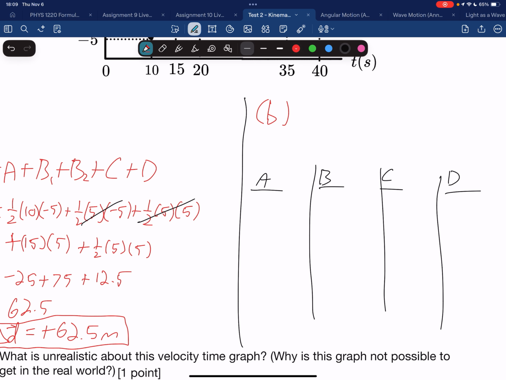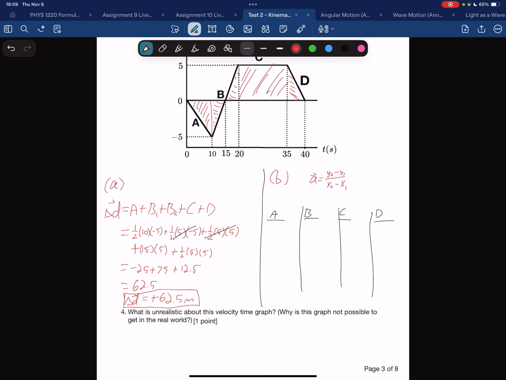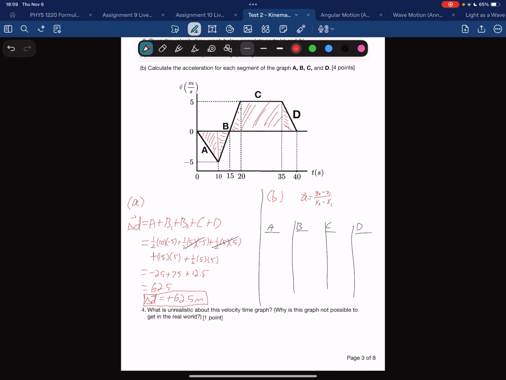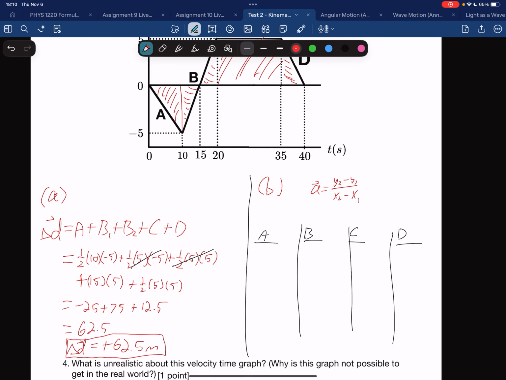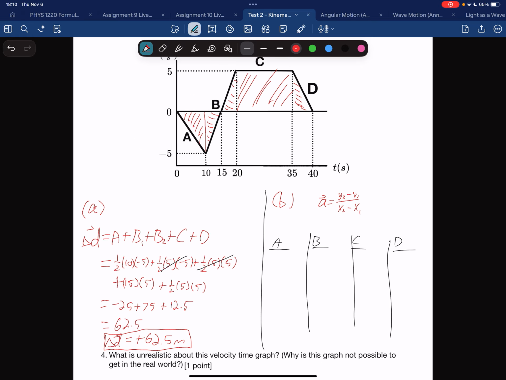A, B, C, D. And I'm going to say that acceleration is equal to y2 minus y1 over x2 minus x1. This is because on a velocity time graph, the way you get acceleration is by finding the slope. So I'm going to take the end point of each line and calculate the slopes.